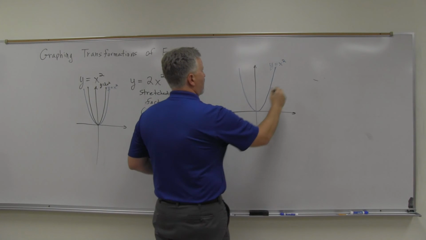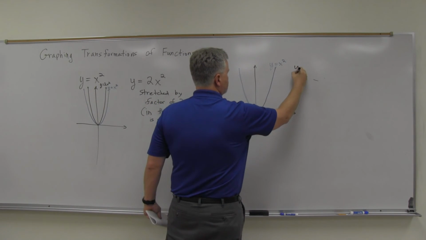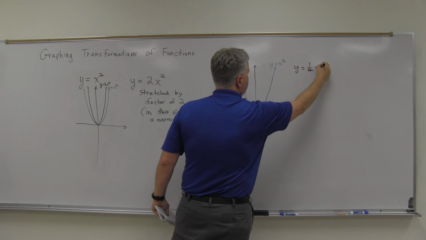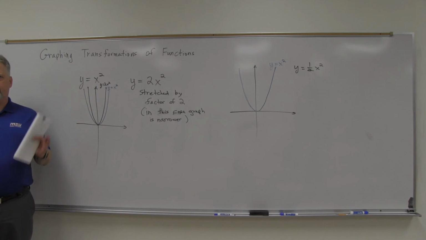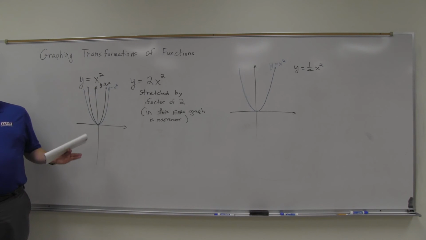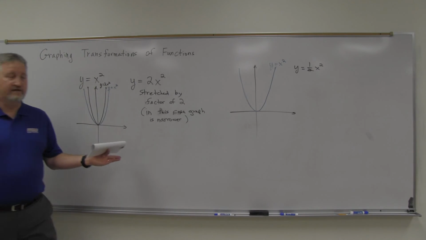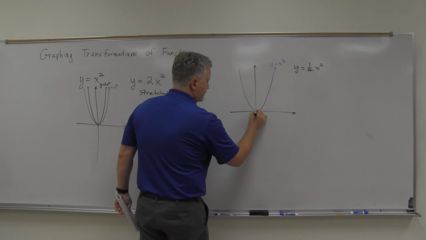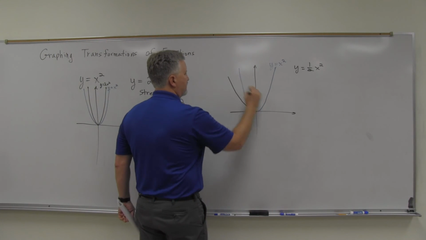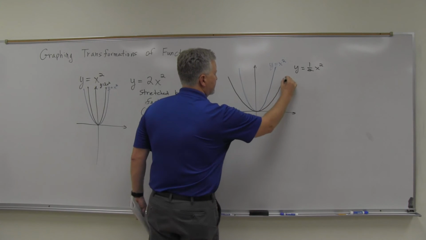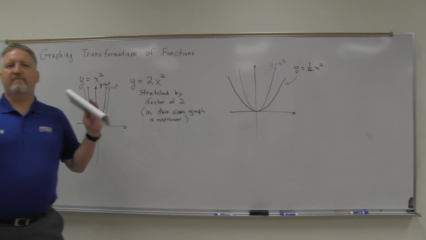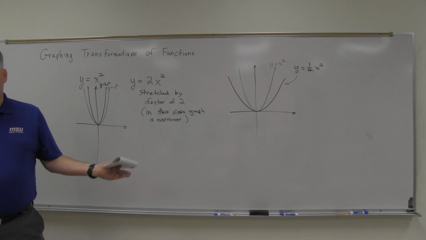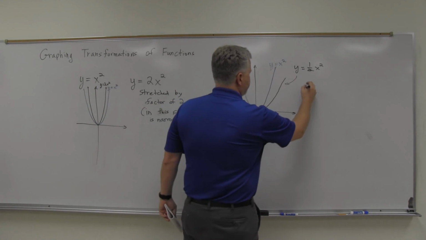And if I look at y equals 1/2 x squared, well, it's going to stretch it by a factor of 1/2, which we would probably describe in this particular case as making it a wider graph instead of a narrower graph. And that's what it does, it halves all the y values. But technically speaking, it stretches it by a factor of a half, which means it spreads it out wider in this particular case.